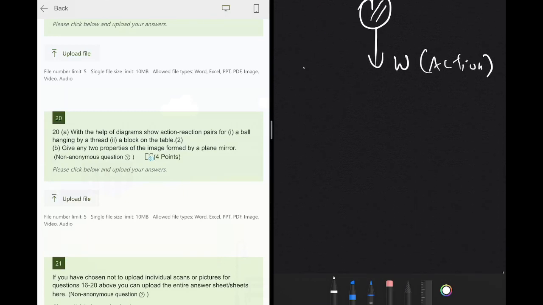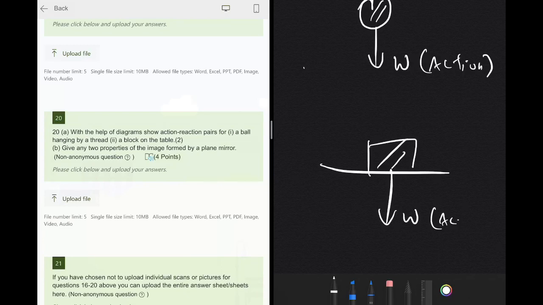And a block on a table, again weight, which is action, and the reaction of the table on the block, which is the reaction. So action and reaction, normal reaction. Action is the weight exerted by the block on the table. Reaction is the force exerted by the table on the block.